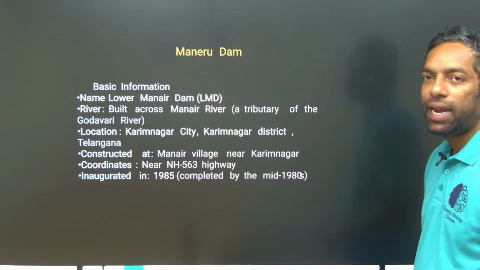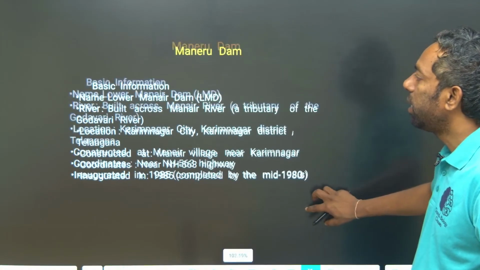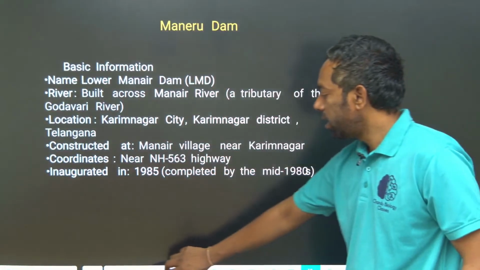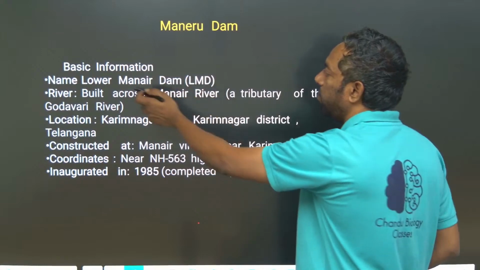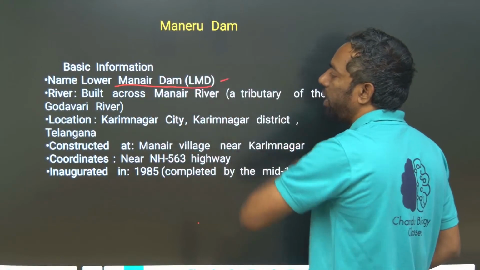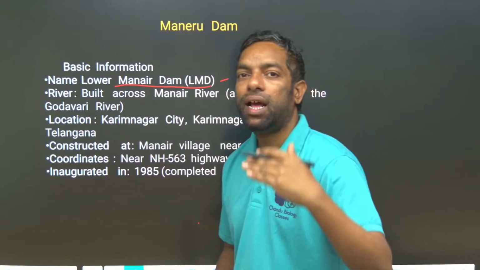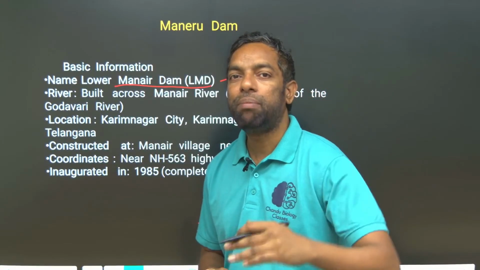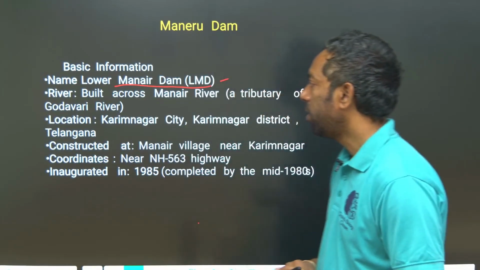Maneru Dam is one of the most important dams on the Godavari river in Telangana. It is the Lower Maneru Dam. There is also Mid Maneru and Upper Maneru. Mid Maneru is in Sirisilla, and Lower Maneru is in Karimnagar.